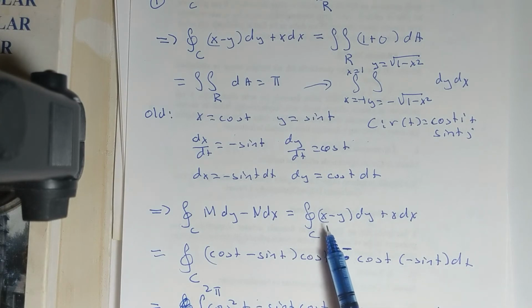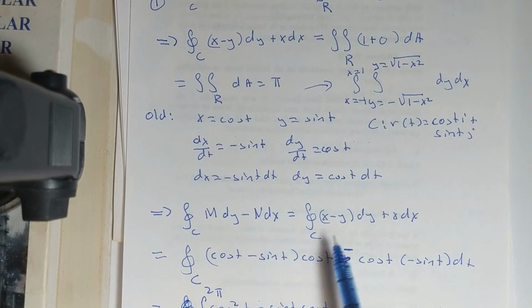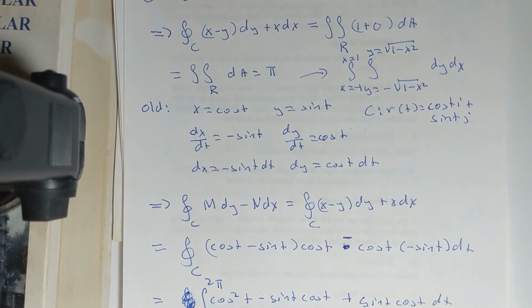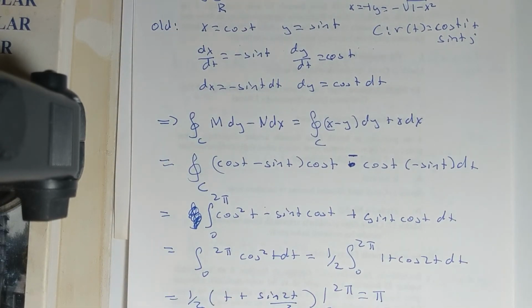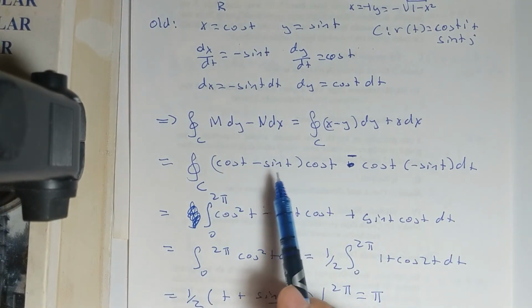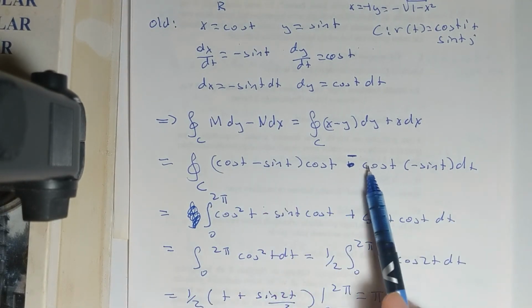Plugging in x as cosine t, x minus y becomes cosine t minus sine t. And remember, dy was just cosine t dt, so that's going to be cosine. I pull the dt out at the very end. And N was equal to x, so that's minus cosine t, and dx is minus sine t dt. Once you make the simplification, you get cosine squared from multiplying these out, a minus sine t cosine t, and a plus sine t cosine t.